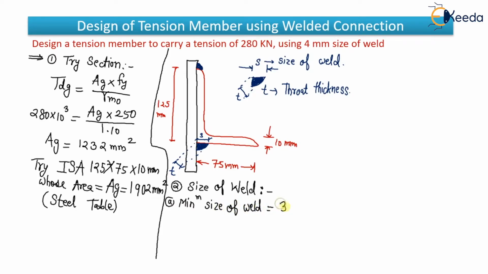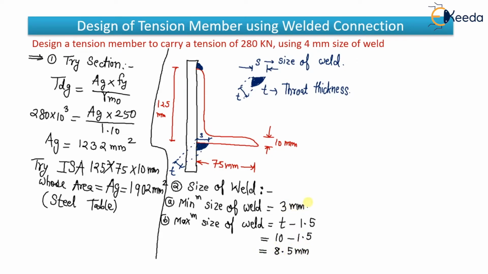And there is another criterion for the maximum size of weld. It should be thickness minus 1.5. Thickness is the thickness of the angle which you are using. So t is 10 minus 1.5, which comes as 8.5 mm.